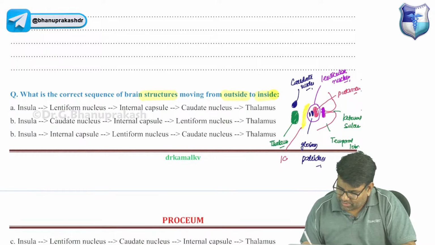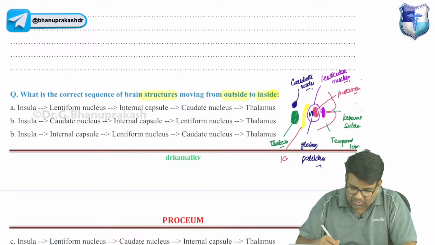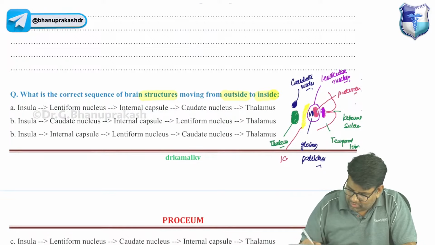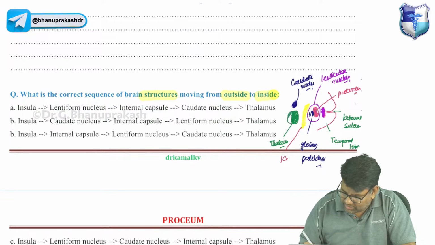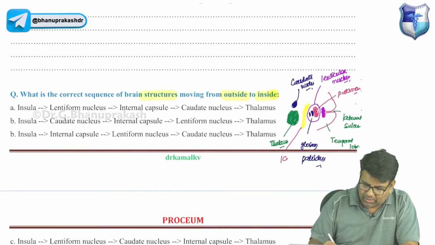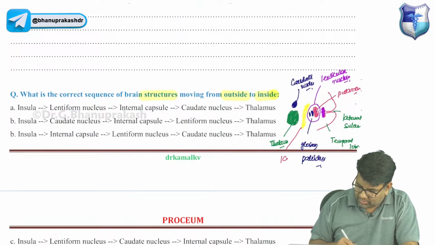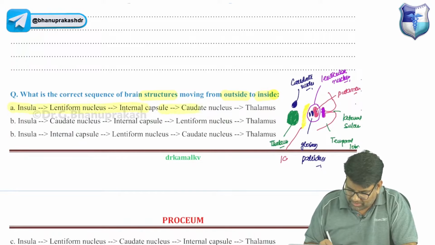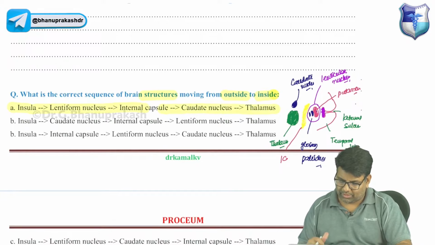Then we have the lentiform nucleus, that is putamen and globus pallidus, and the internal capsule. Then the caudate nuclei, and finally the thalamus. Thalamus is the most interior. This is A. So the answer becomes A. Yes, everyone is right.